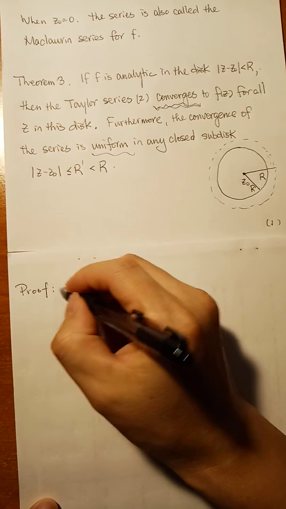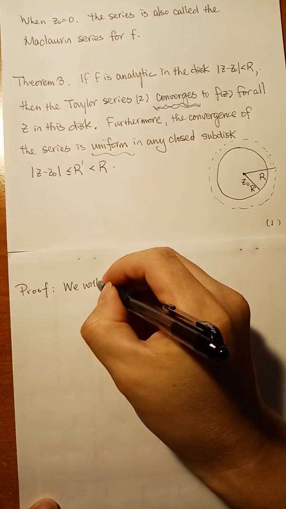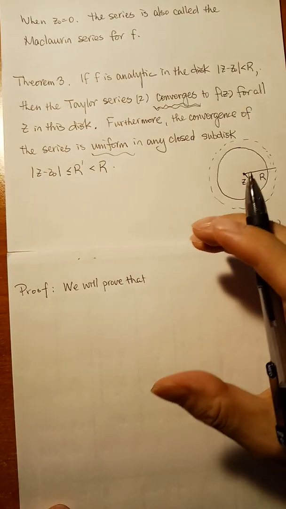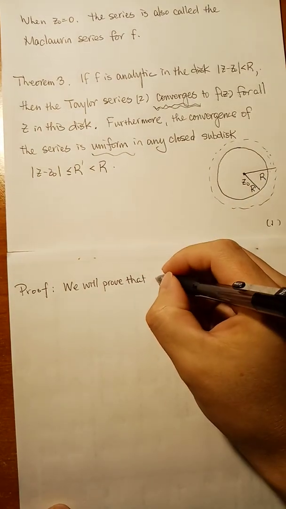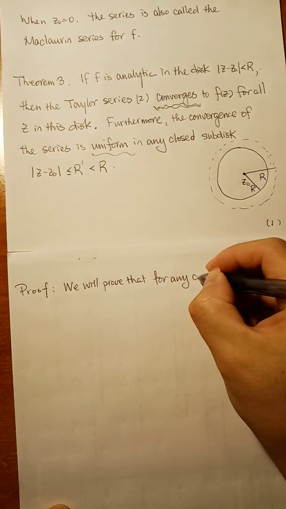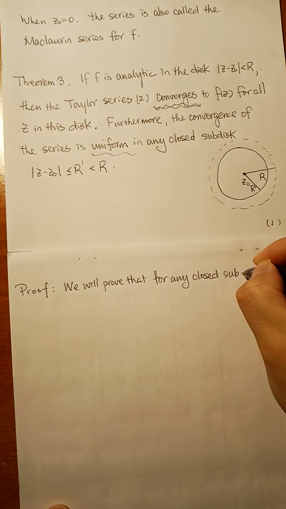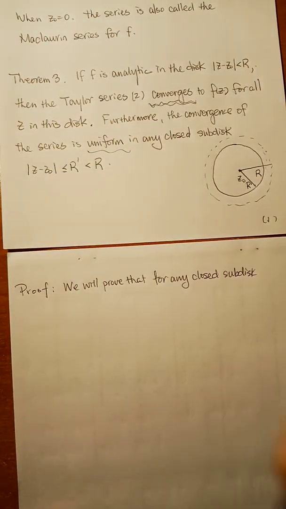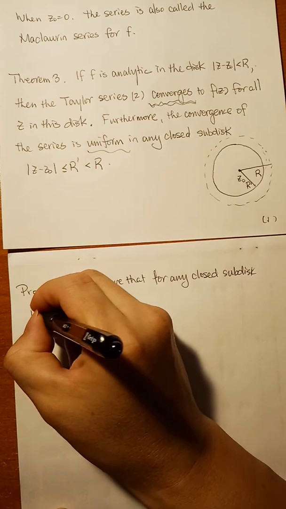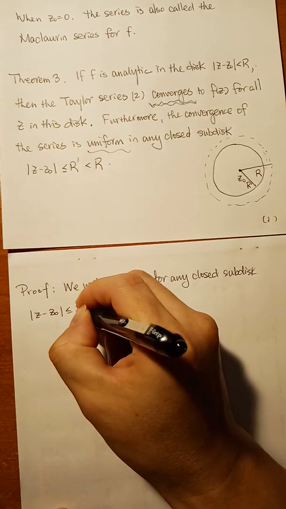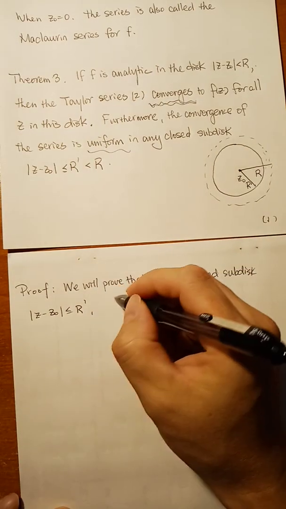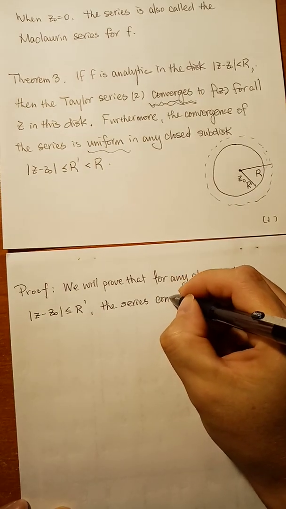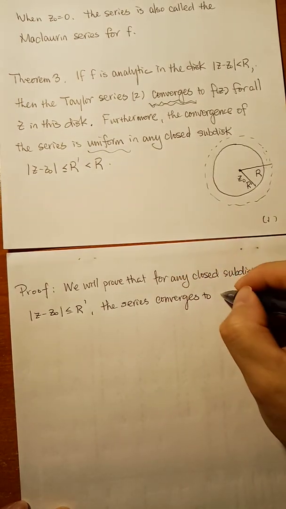We will prove that for any closed subdisk |z minus z0| less than or equal to r prime, the series converges to f uniformly.